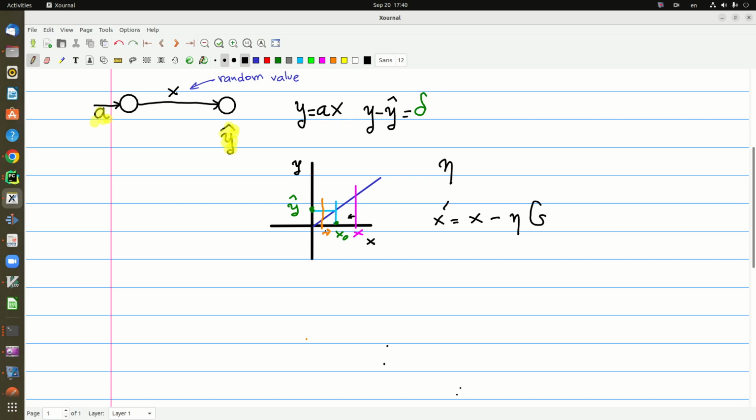And if we are moving to x0 from the left side, we want g to be negative because x must increase every time. For now, we are not sure what this is going to be. Let's try to understand.